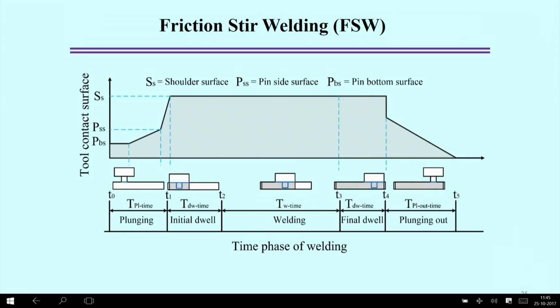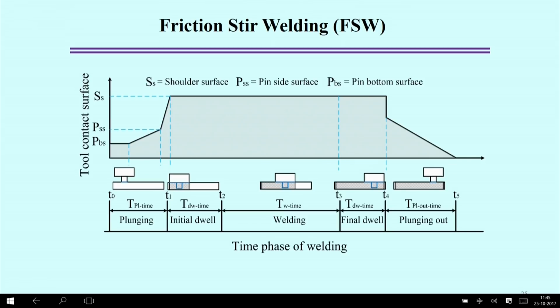If you look at this figure, the first phase is the plunging phase, and we divide the total time into phases of the friction stir welding process. In the plunging phase, without any translation movement of the tool, we simply insert the tool pin gradually inside the workpiece, and it takes some time for this plunging operation.